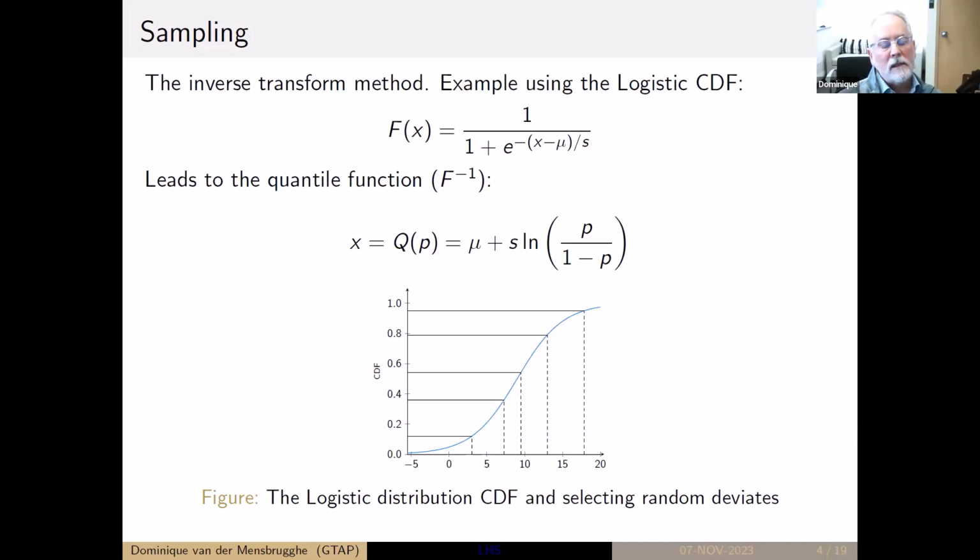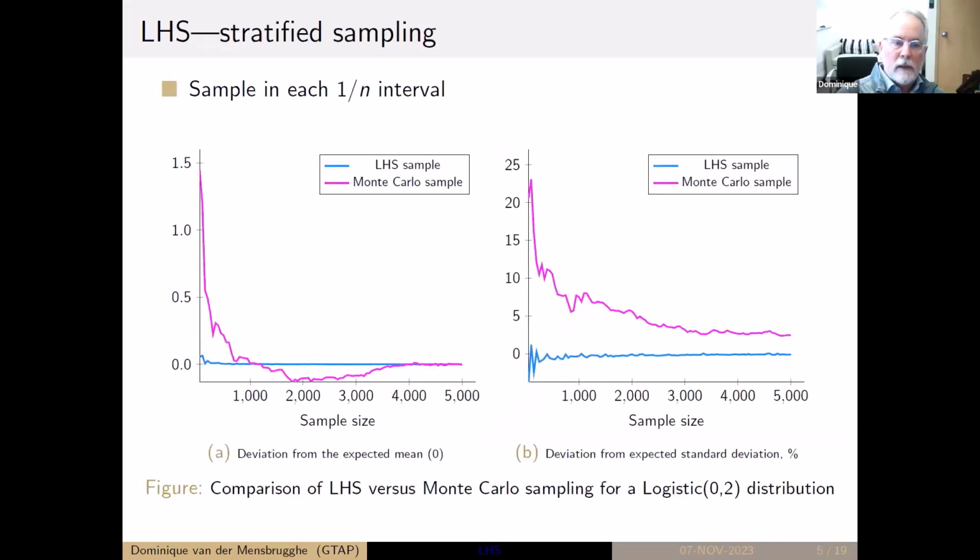If you don't have an easily invertible distribution function, you have to use other numerical methods to invert the distribution function. So what LHS does is a stratified sample, and that means that you cut the interval. If you're sampling n times, you're going to cut the interval into 1 over n.